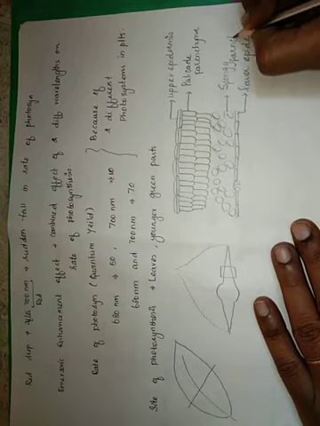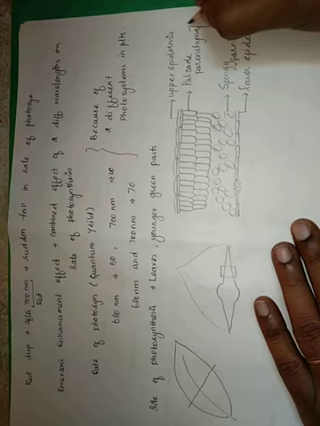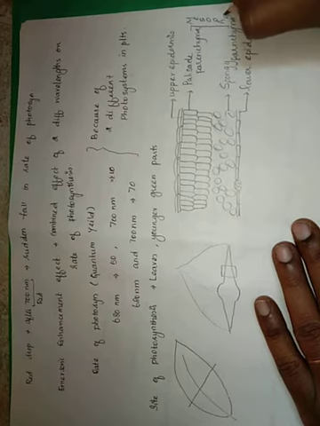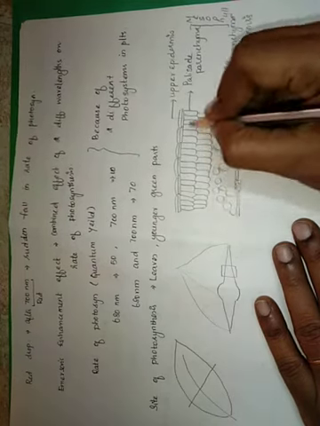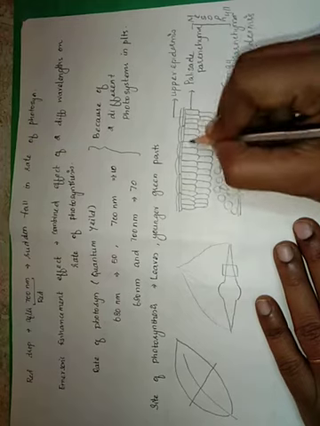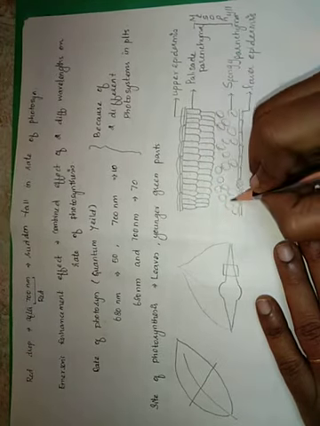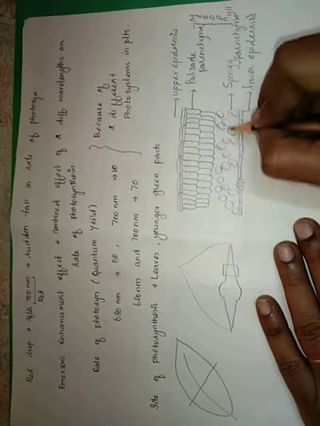The spongy parenchyma and palisade parenchyma together we call the mesophyll layer. And this mesophyll layer is going to be rich in chloroplast. So these are the photosynthetic cells of the plant, that is, the leafy mesophyll cells.